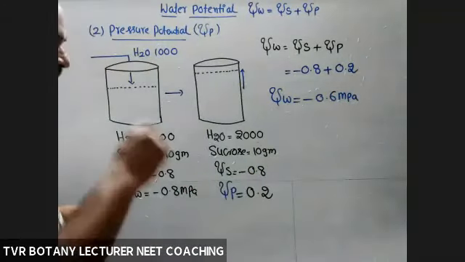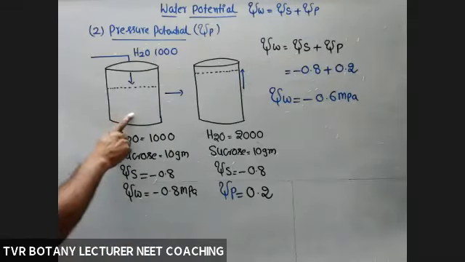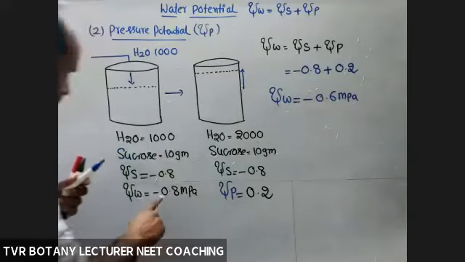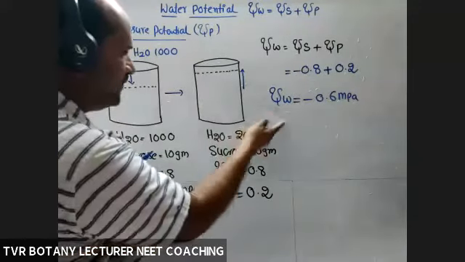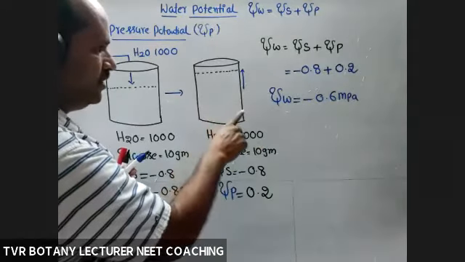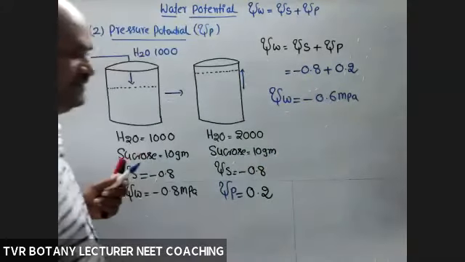Okay, so here what happened? Initially, what about the psi W value of pure water? 0. After the addition of sucrose, minus 0.8. After addition of one more 1000 H2O molecules, what about psi W value? Minus 0.6.